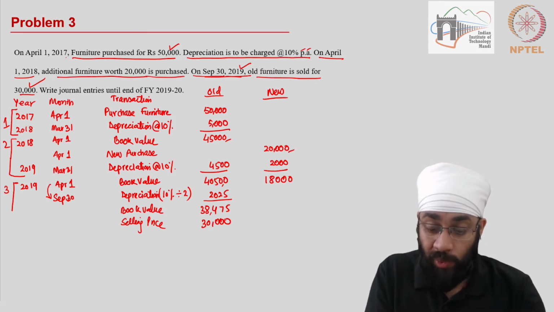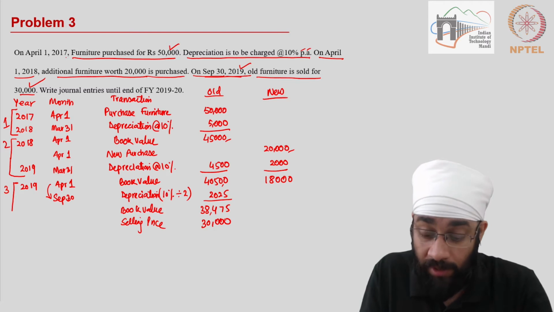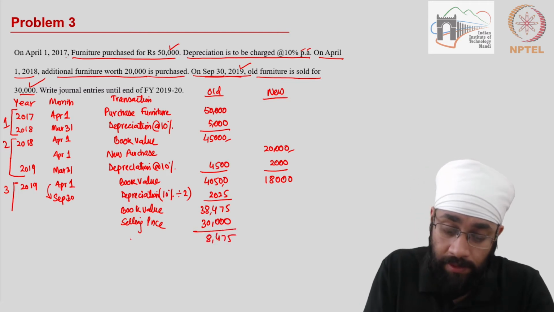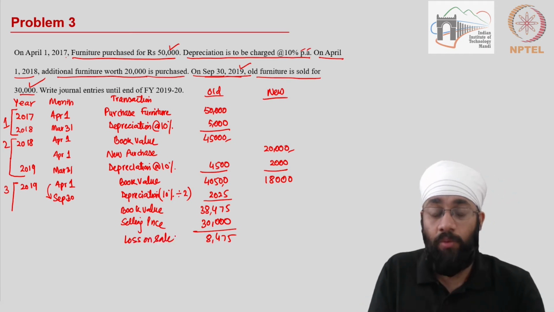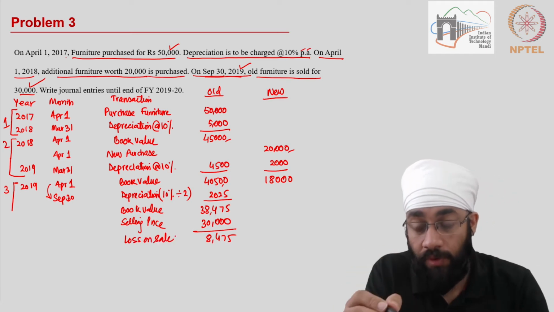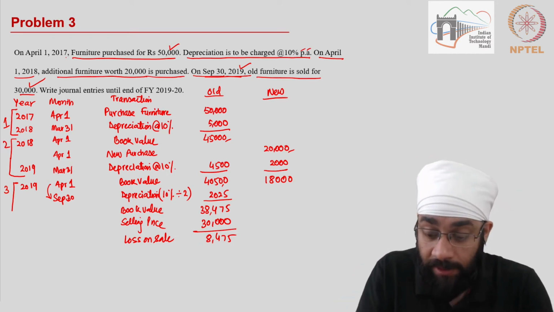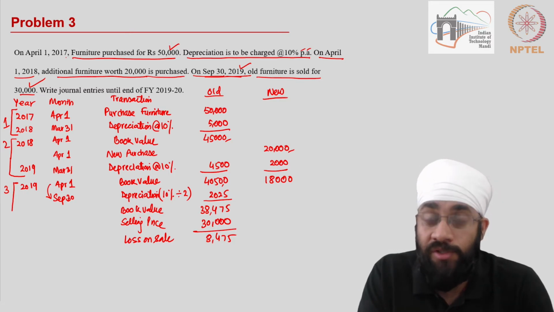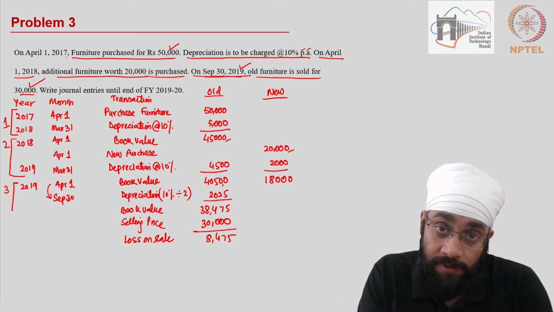The furniture was valued at 38,475. What does it mean? It means you made a loss. So there is a loss on sale worth 8,475. And as of 30th September, this old furniture ceases to exist. The record should get cancelled because you have sold it and you have sold it at a loss.